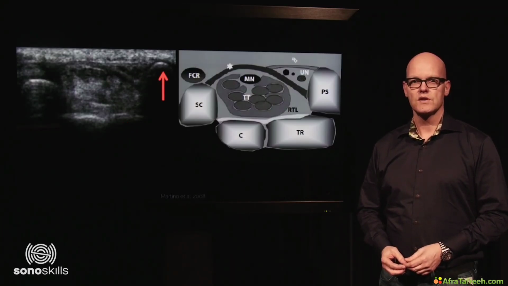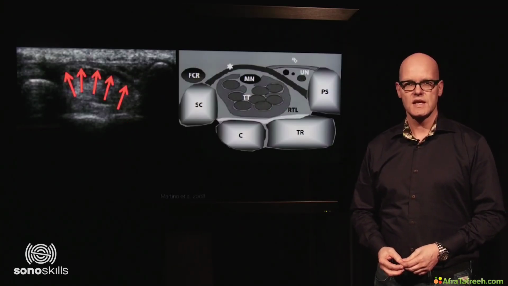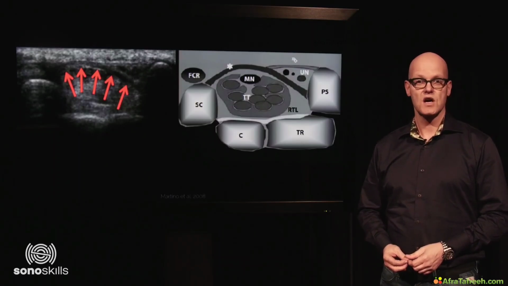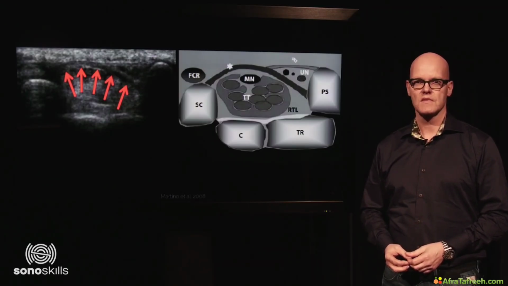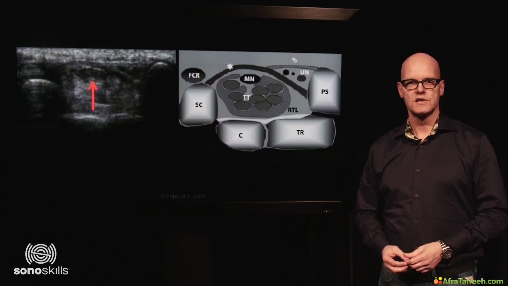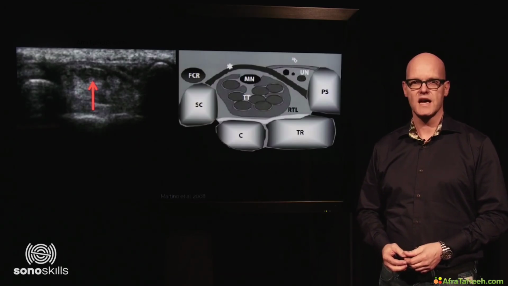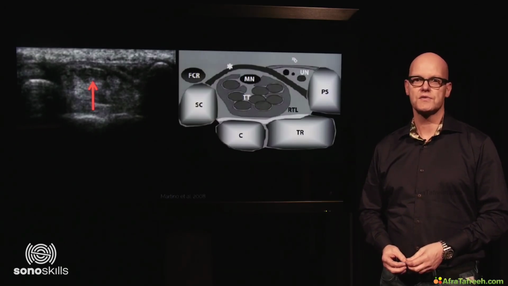The ultrasound image that is captured shows the transverse carpal ligament, which appears as a thin, slightly convex band of 1 to 1.5 mm thickness. Inside the carpal tunnel, the median nerve can be found as a hypoechoic oval structure immediately underneath the transverse carpal ligament.